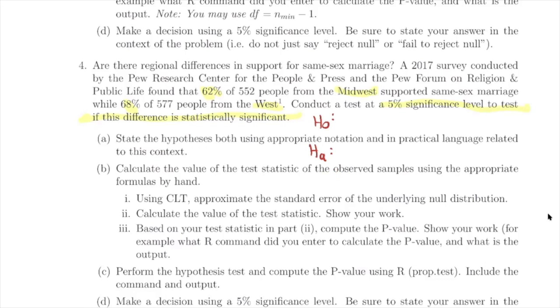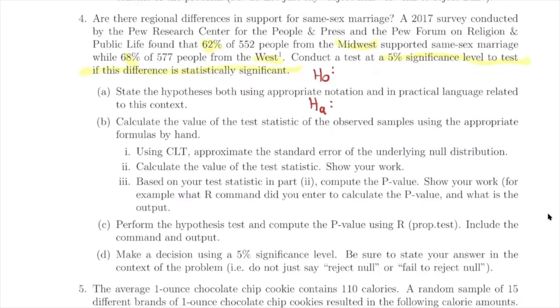What if we use our prop test and we need to input the number of successes? I think you're thinking about what happens down over here then, right? Yes. So when you're doing a prop test for a difference, we're comparing two independent populations.